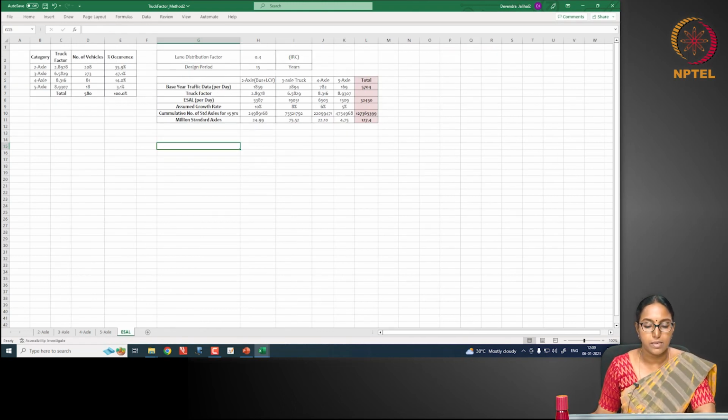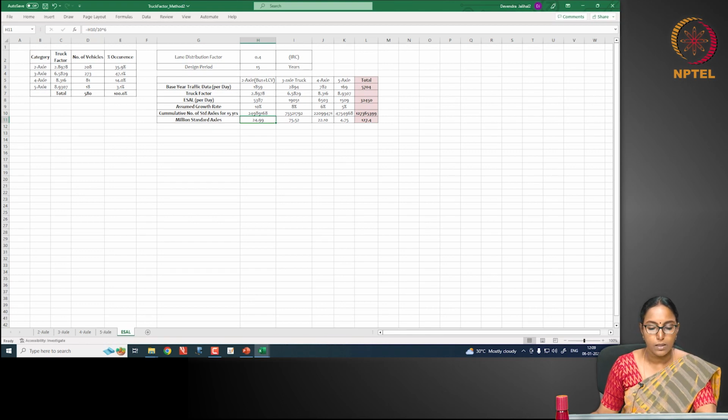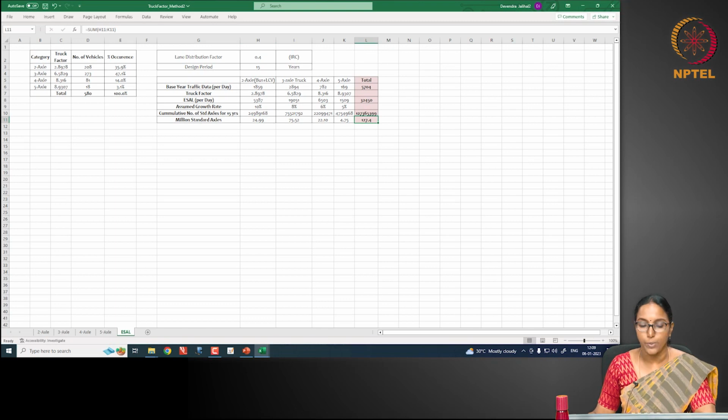You see that the base data is given, you have the truck factors, then the ESALs you get as the truck factor multiplied by the base traffic, then apply the growth rate, the lane distribution factor and the growth factor for 15 years, and you get the total equivalent standard axles. You see that it is 127.